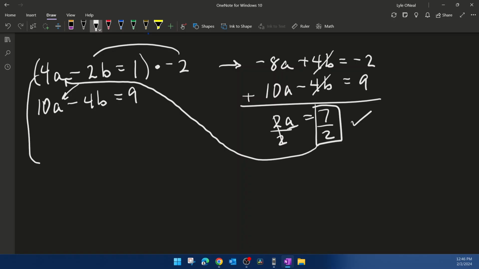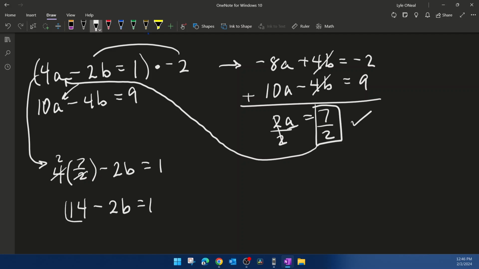I choose the first equation. 4 times a would be 4 times 7 halves minus 2b equals 1. 2 goes into 4 2 times, giving me 14 minus 2b equals 1. Moving the 14 makes it negative, which leads me to negative 2b equals negative 13.